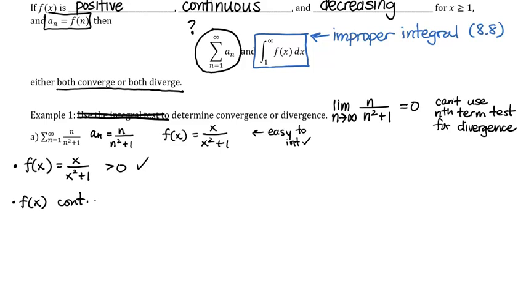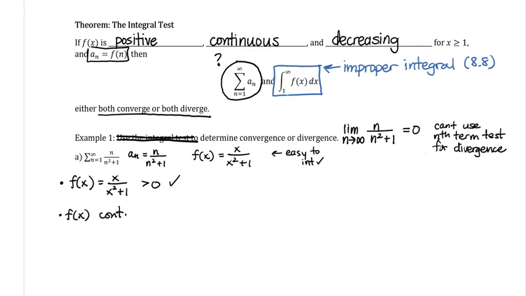And is it decreasing? Is the function decreasing? Hopefully that question reminds you of Calculus 1. We determined when functions were decreasing using the first derivative test. We do need to pull that back out and apply it here.